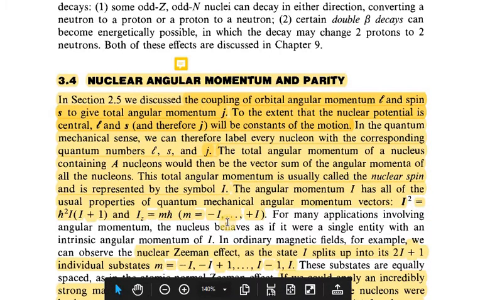I squared equals ħ² I(I+1). You have seen this in the quantum mechanics paper. And Iz equals mħ, where m varies from minus I to plus I.